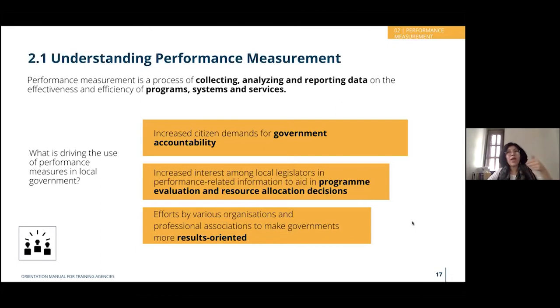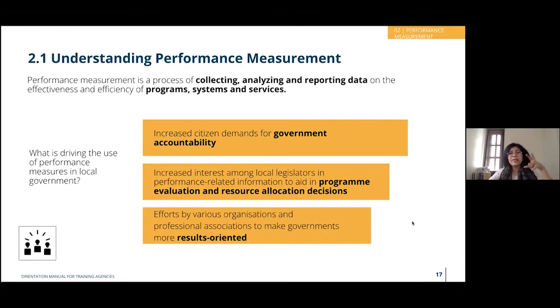Why is our city prioritizing flyovers over more pedestrian friendly transport? So one is extremely important: as we become a more aware citizenry, we are demanding accountability, and a performance measurement framework enhances that accountability.